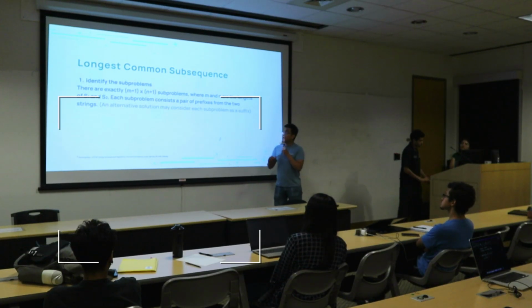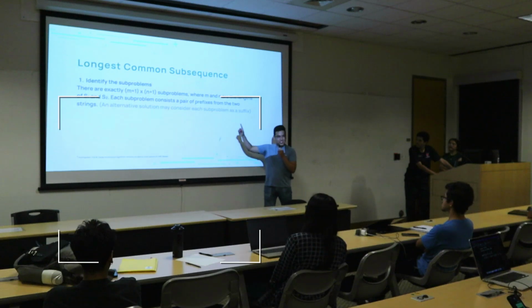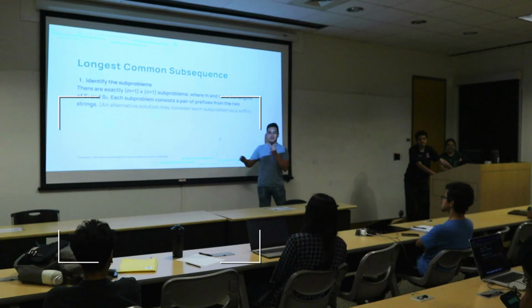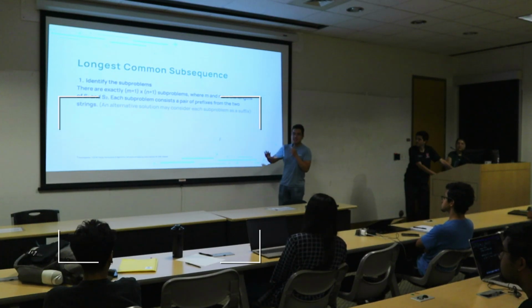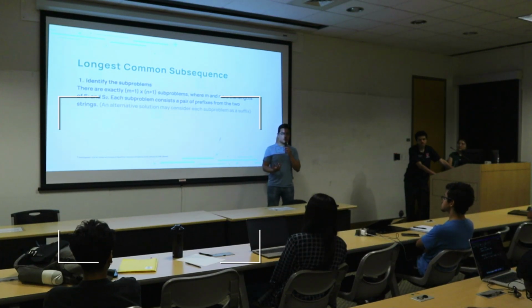Now, the number of subproblems that we have will be (m plus 1) times (n plus 1). We're going to explain where the plus 1 came from once we talk about the recursive formulation.